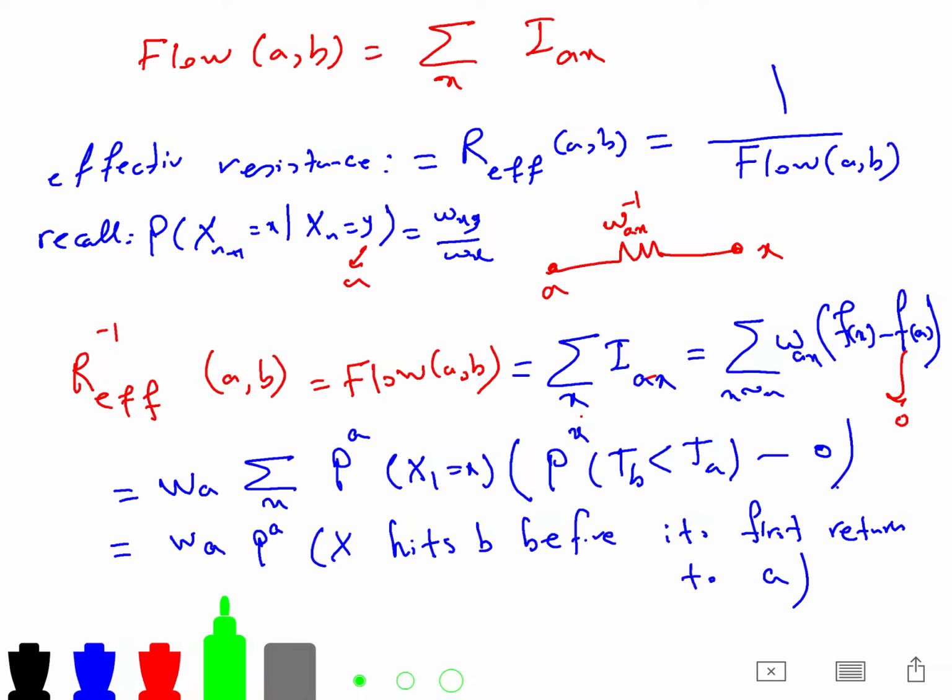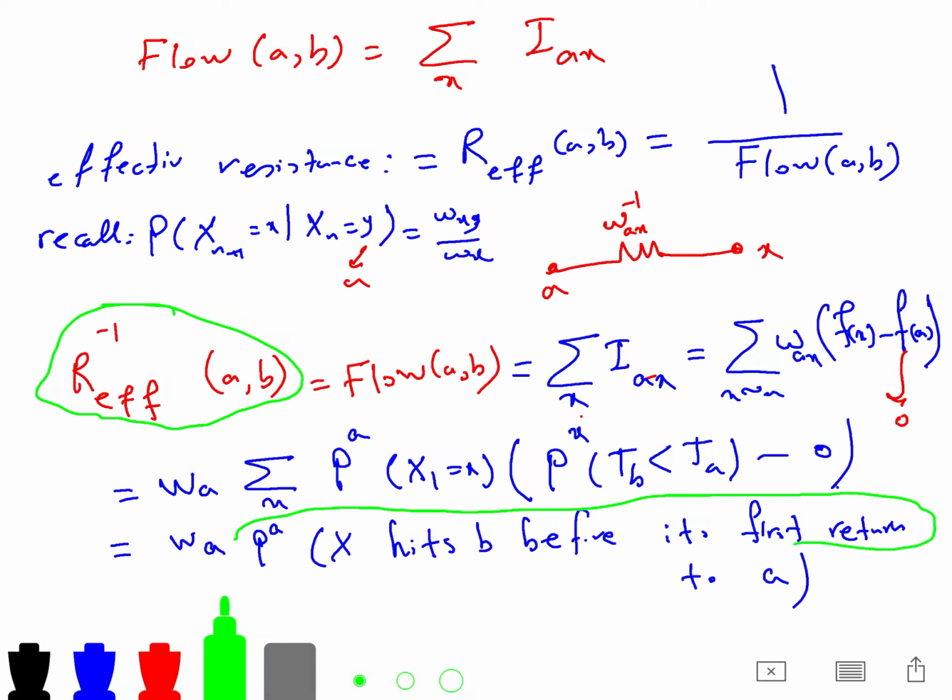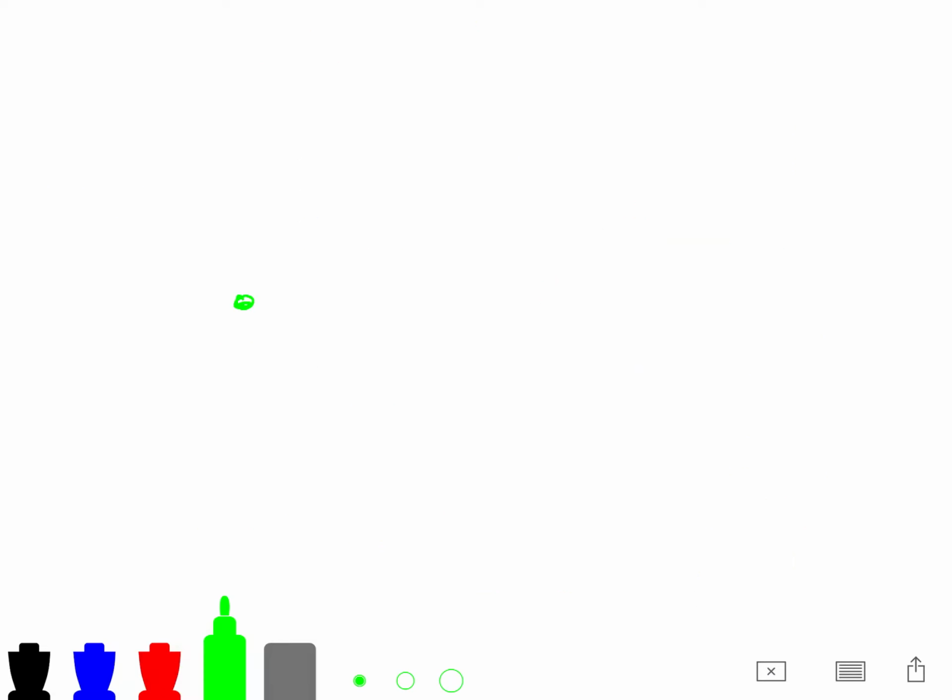So you see how easy this theory of effective resistance is, because we have related the probability of hitting B before it first returns to A to be the inverse or reciprocal of the effective resistance between any two nodes that you imagine. So for any two nodes, we know the effective resistance between them.